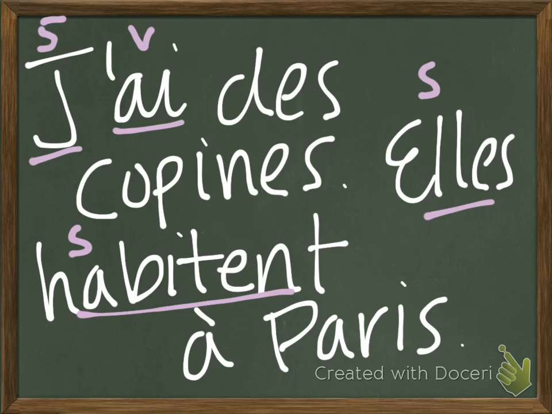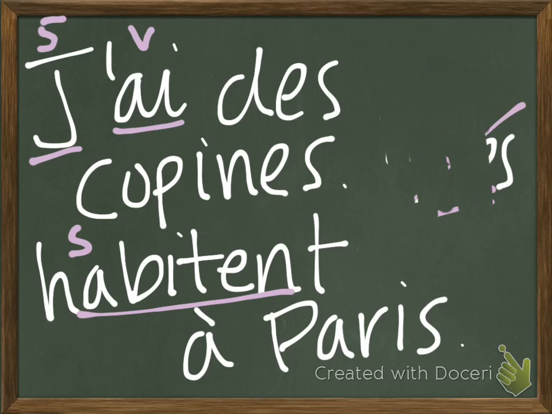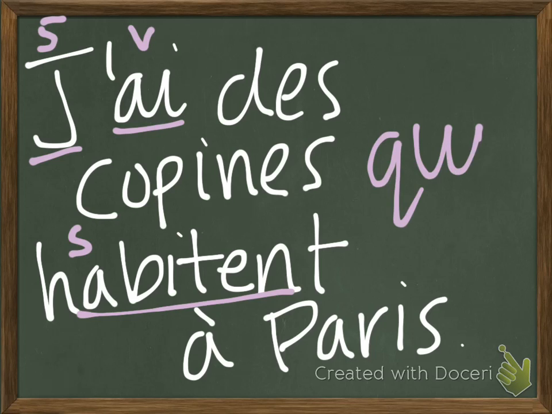To combine these two sentences with qui, what we do is we get rid of elle and we replace it with qui. So our sentence, and we erase that period, now becomes J'ai des copines qui habitent à Paris.